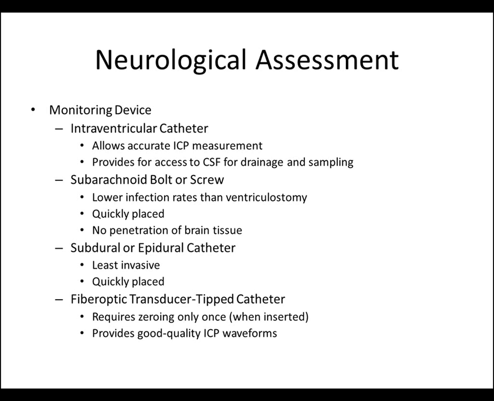Again, one of the advantages is that it is less invasive than the two above it. It is quick and easy to place, and there's a decreased risk for infection with these. One of the disadvantages is, again, that it does not provide access to the CSF for sampling or drainage.